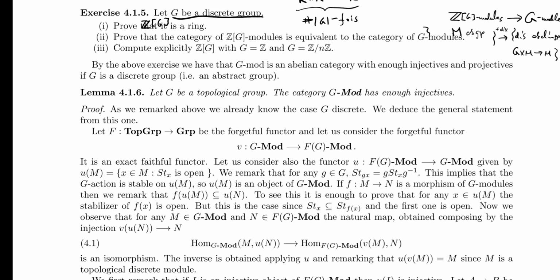So you have to prove it's fully faithful and essentially surjective. Okay. Why the RG-module? Because you have to make it a ring.